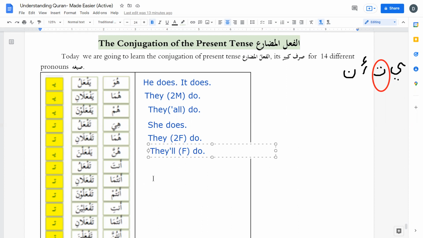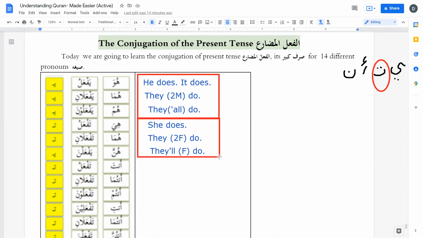So far so good. We first learned masculine singular, dual, and plural, and then we learned feminine, third person.